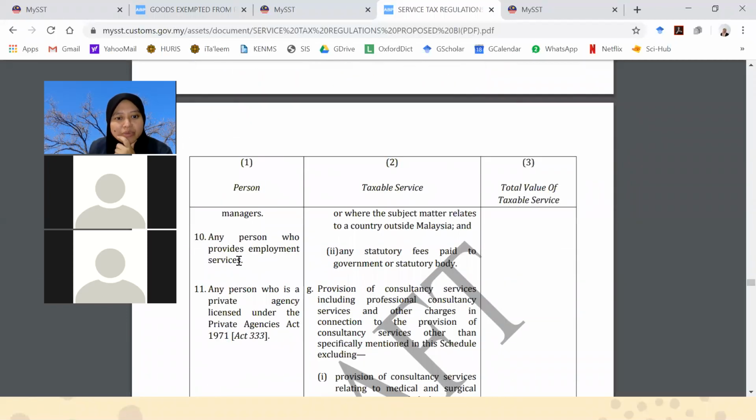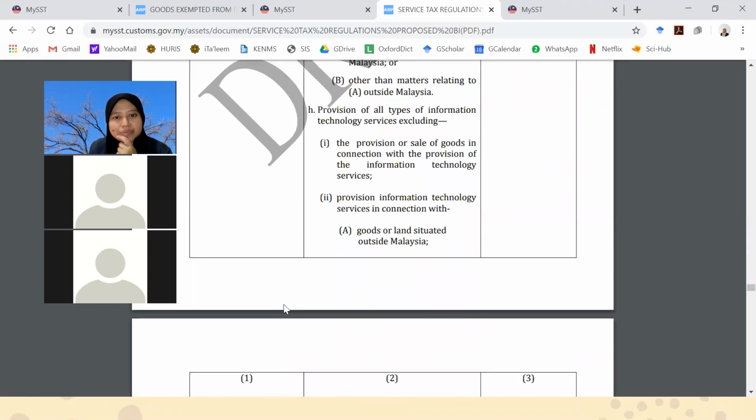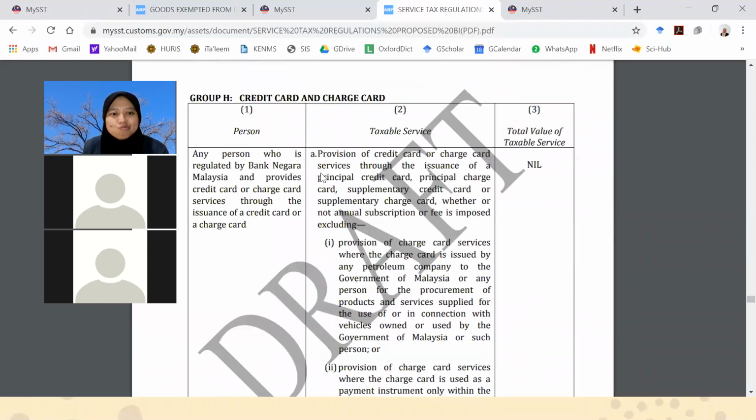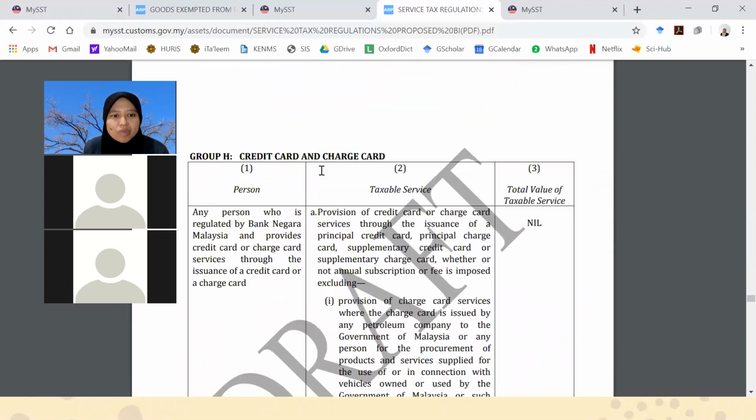Then you have employment service and private agency. There are a lot of details and a lot of gray area actually. I don't want to go into detail because even the custom people themselves are sometimes confused whether the type of service is taxable or not. Group H, credit card and charge card, regulated by Negara, so these are basically the banks.